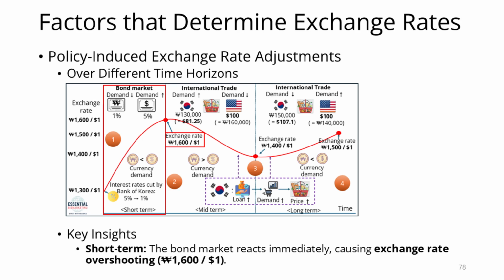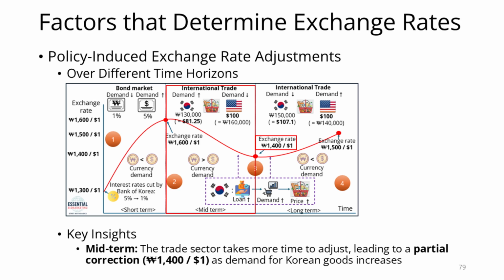Let's pause and identify the key insights from the three-phase adjustment process. In the short term, the bond market reacts immediately to the interest rate cut, triggering exchange rate overshooting to 1,601 per dollar. Let's now look at the mid-term adjustment. The trade sector takes more time to respond, but as Korean goods become cheaper, foreign demand increases.